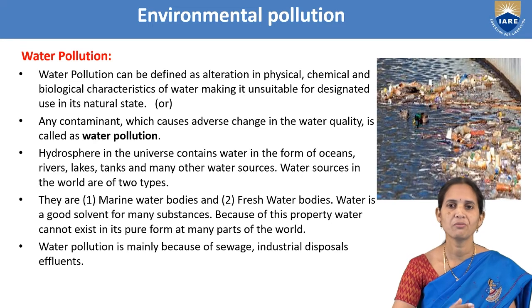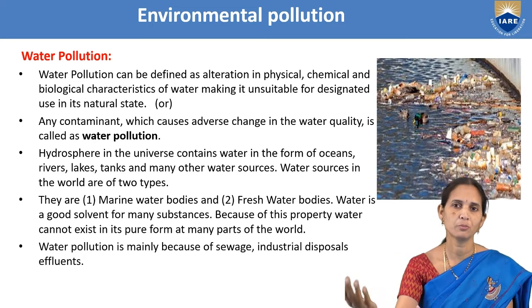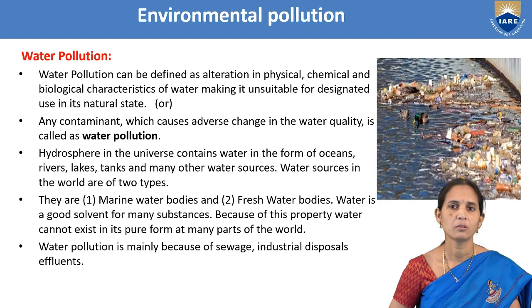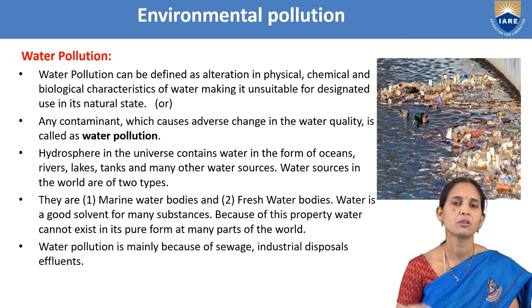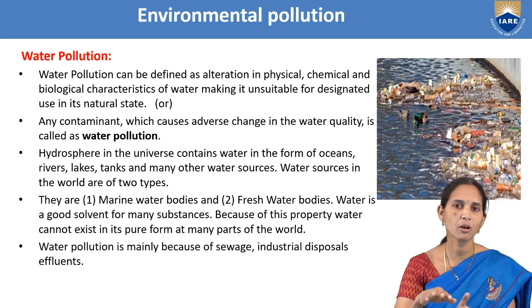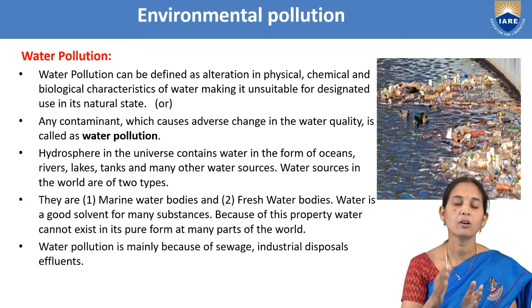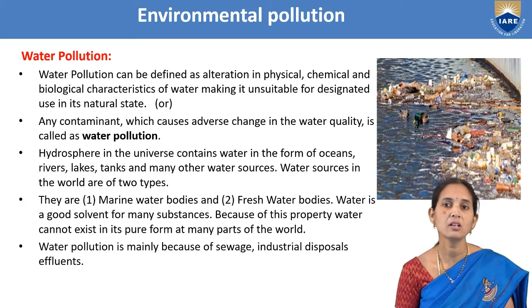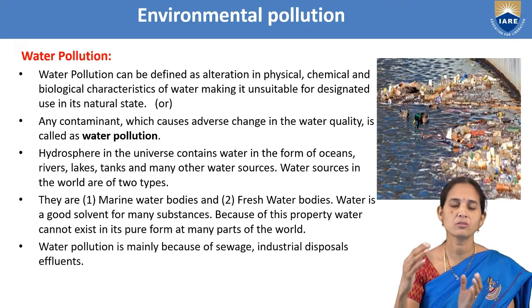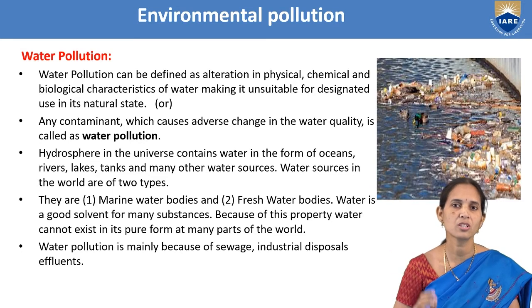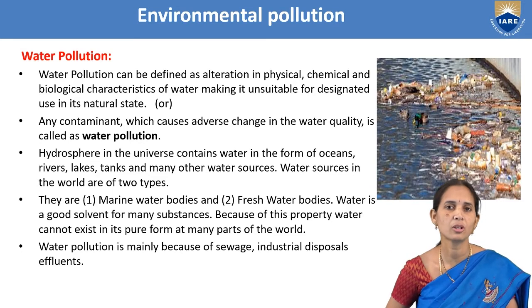The waste which is going out from the activities we are doing, the wastewater which is going from houses into the river, the wastewater which is going out from the houses to the water bodies, and also industrial disposal effluents. Means the wastewater which is going out from industries into the river. So that the river is polluted, the ocean is polluted. That is called water pollution.